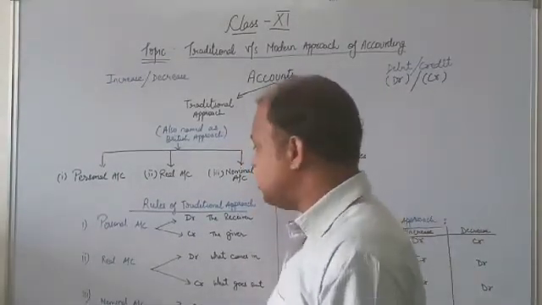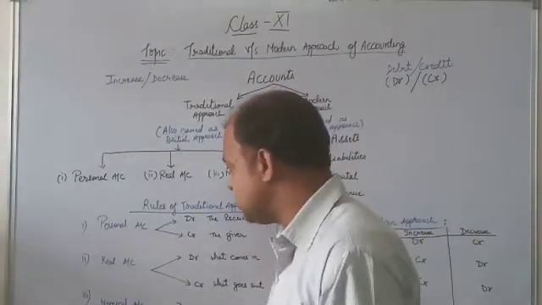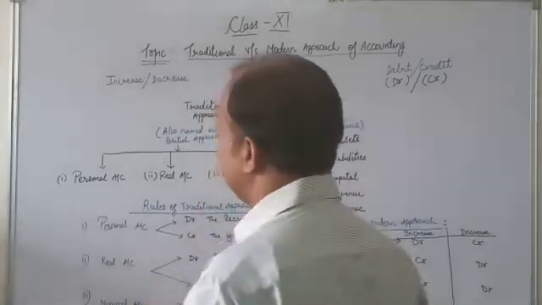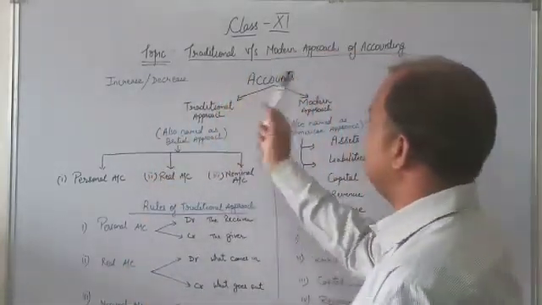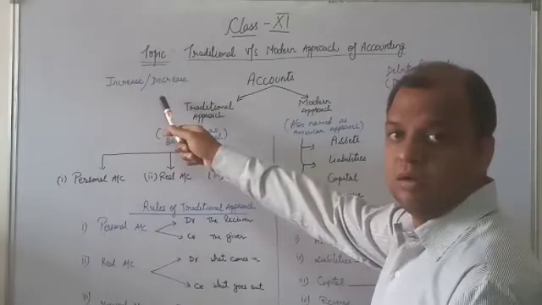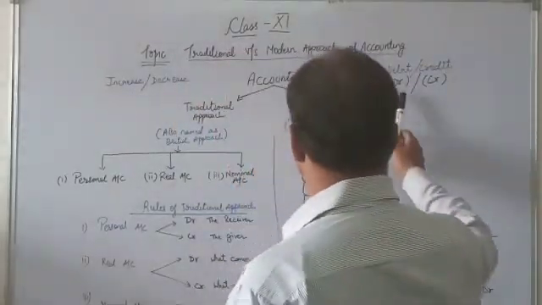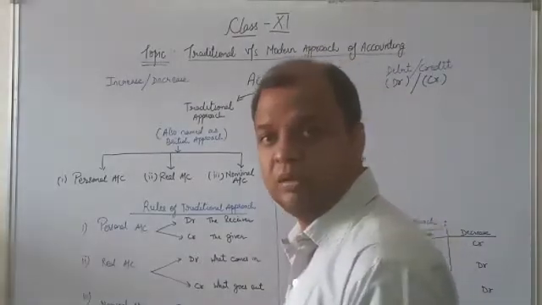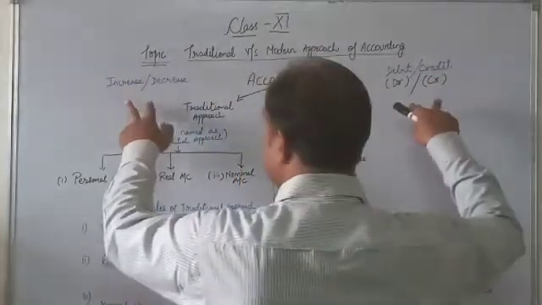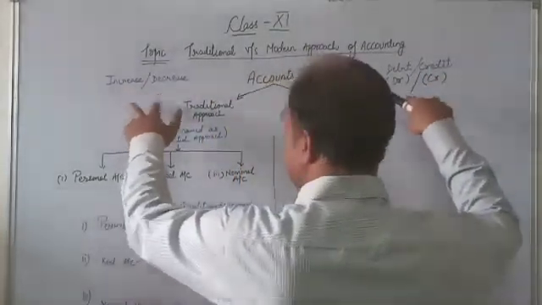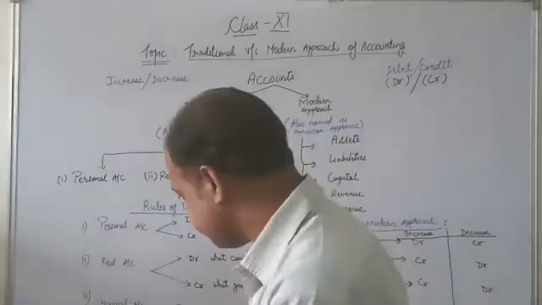The rule of traditional approach under personal account says, see, before explaining the rules, you will see on the left side I have written increase and decrease. On the right side I have used the term debit and credit. So we are going to focus on these two terms, increase, decrease, as well as debit and credit.